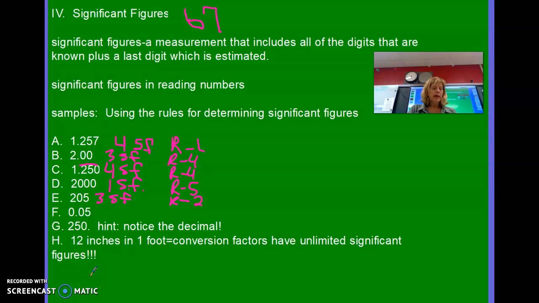F looks like rule number 3, where we have zeros in front of non-zero digits, even though we have a decimal. The zeros are considered placeholders and they don't count. It says leftmost zeros appearing in front of non-zero digits are not significant. They act as placeholders. By writing the measurements in scientific notation, you can eliminate such placeholders.